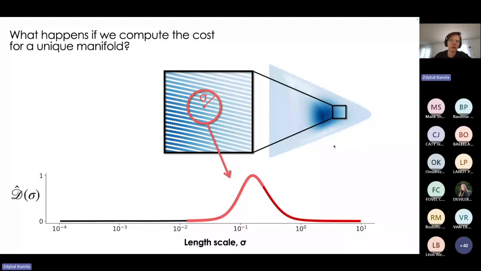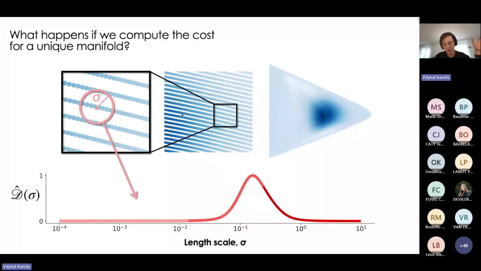But then as I keep scanning that projection at smaller and smaller length scales, I'm not really seeing any more variation, or not much at all, because this projection is well behaved, and at some point my filter is so small that I'm really only looking at a small neighborhood of every data point, and this blue variable just does not change so sharply to create variation at such small length scales.